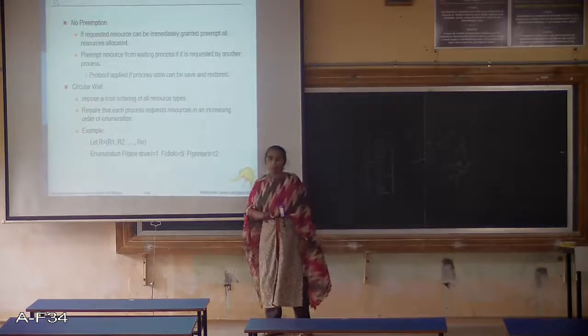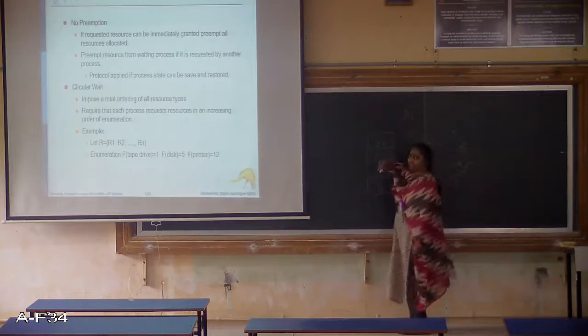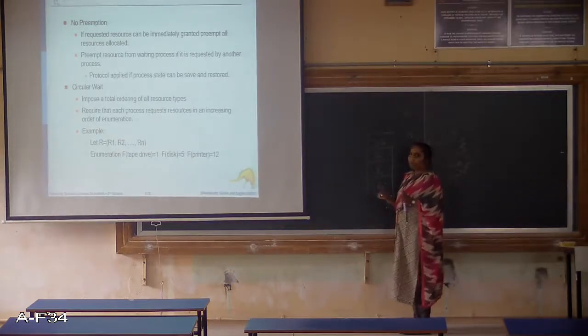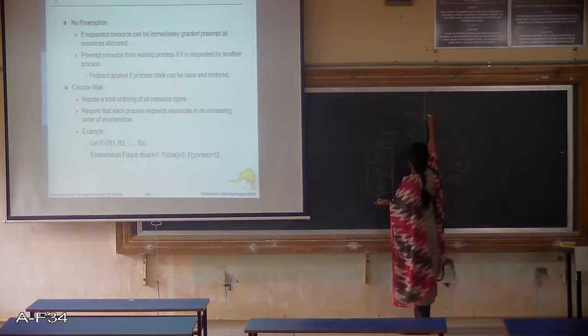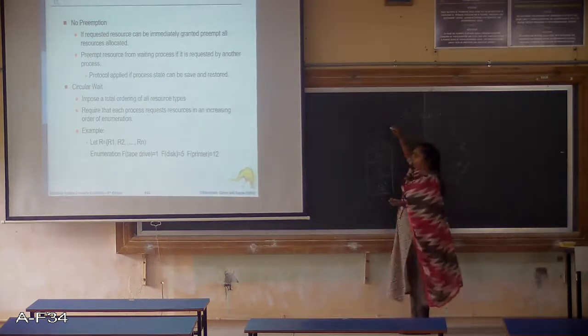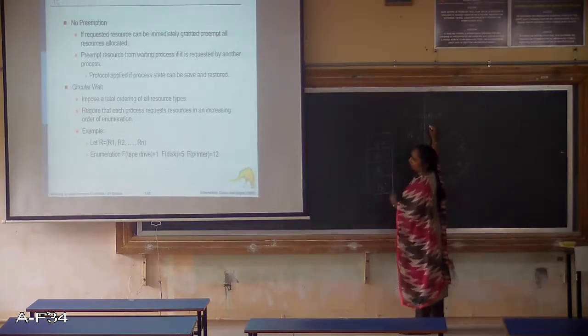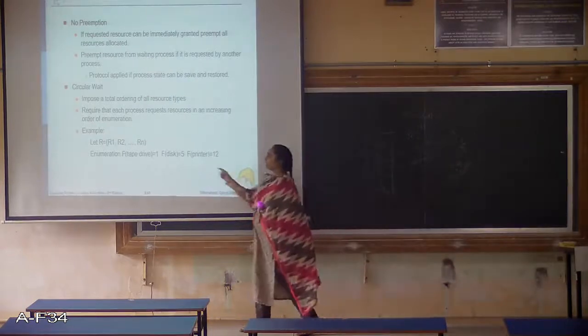So in that case, how will this work? Supposing all these resources are given an enumeration number. P1 makes a request for the first one, F of tape drive equals 1, enumeration is 1. Then it can only make a request to either printer or disk, which are of higher enumeration.